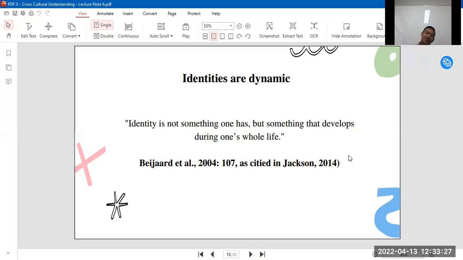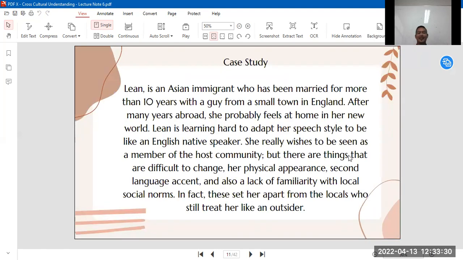Now let's move to the case study. Lan is an Asian immigrant who has been married for more than 10 years to a guy from a small town in England. After many years abroad, she probably feels at home in her new world. Lan is working hard to adapt her speech style to be like an English native speaker.